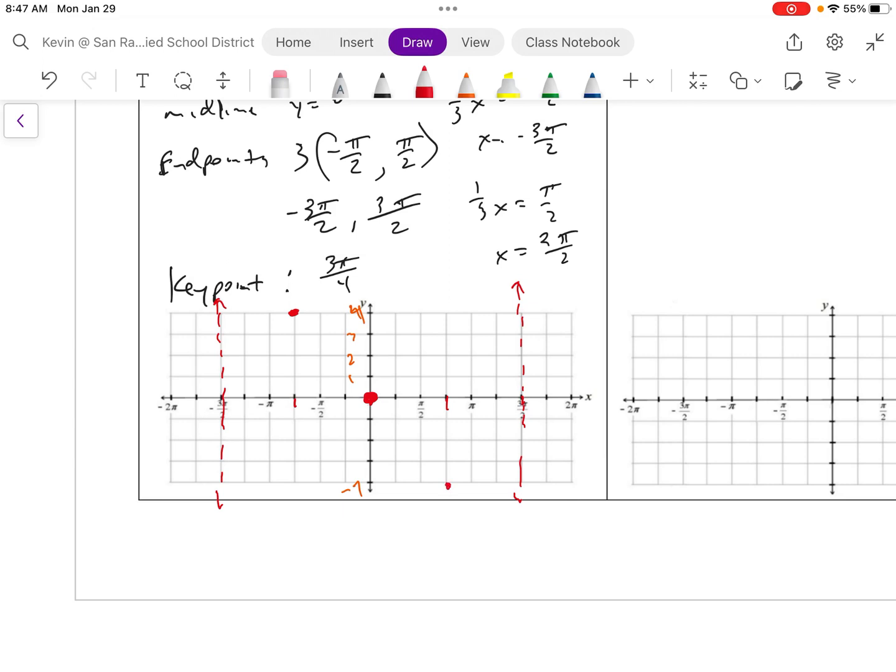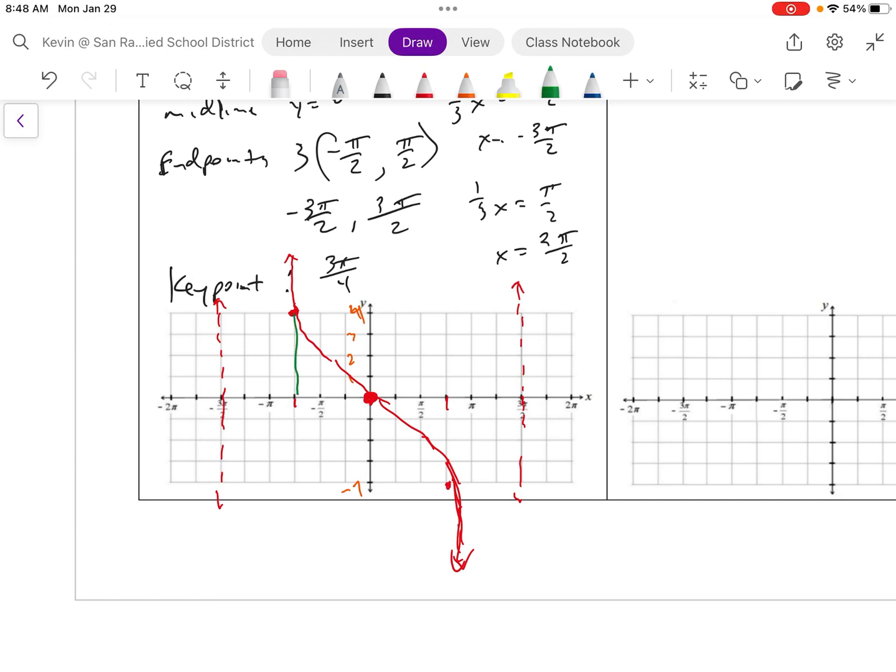And then we'll come down here. And of course, it doesn't fit on the grid. You get the idea.